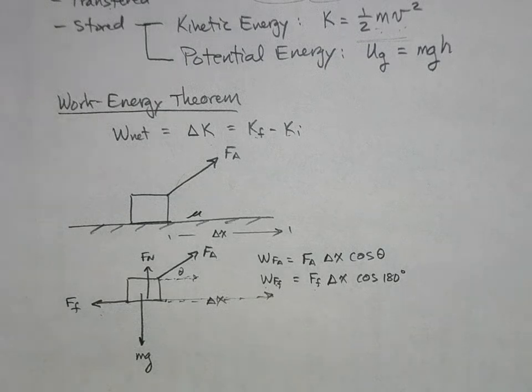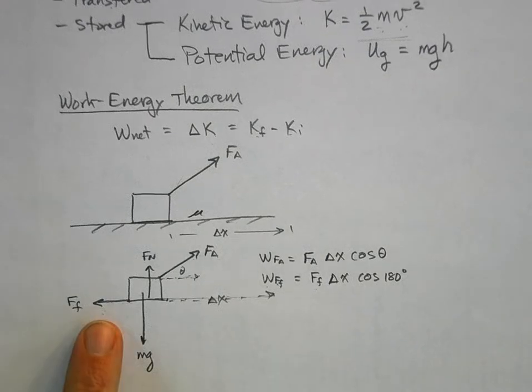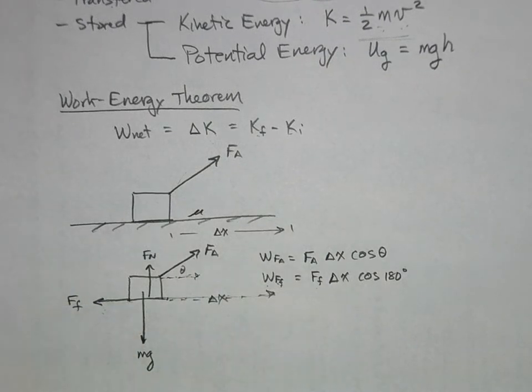It's trying to take that energy away, that kinetic energy. It's trying to keep that crate from gaining kinetic energy. And so it's going to do negative work. Negative work is done when you extract energy from the system. And that's what the friction force is doing here. It's extracting energy from that system. And so this will be negative.